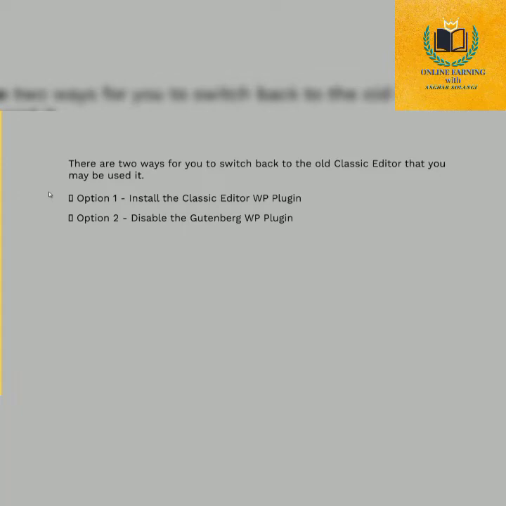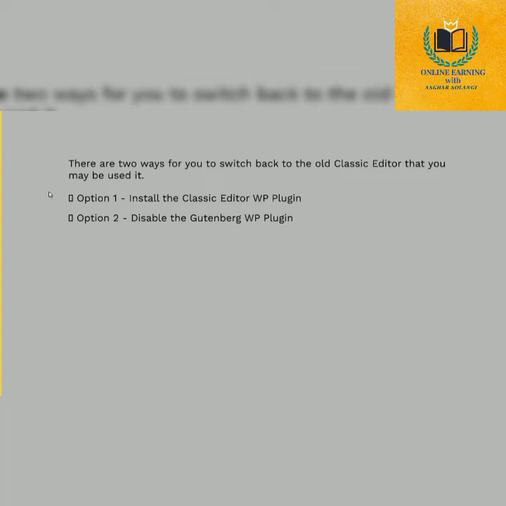But from now on, all of the WordPress updates include the Gutenberg editor built into it. So if that's the case, you will need to use option one. Option two is very obvious. If somebody installed the Gutenberg WordPress plugin, they would simply need to disable it.